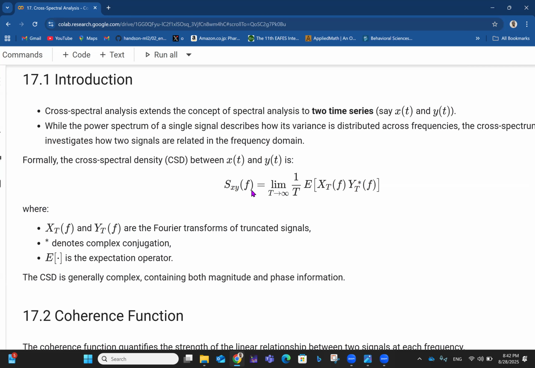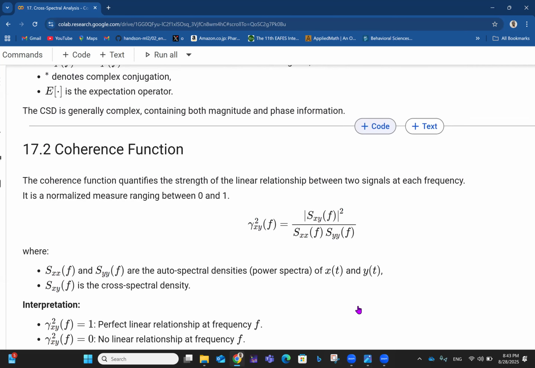S sub xy of f equals the limit as T tends to infinity of 1 over T, the expectation of X_T of f multiplied by Y_T star of f, where X_T of f and Y_T of f are the Fourier transforms of truncated signals, the star denotes complex conjugation, and E is the expectation operator, like in statistics. The CSD is generally complex, containing both magnitude and phase information.